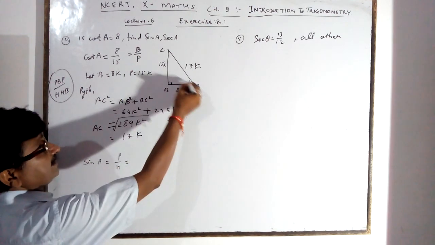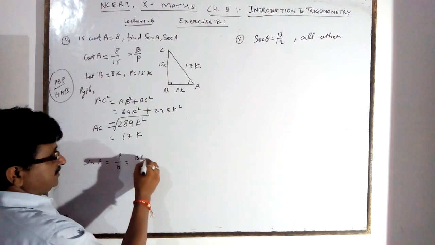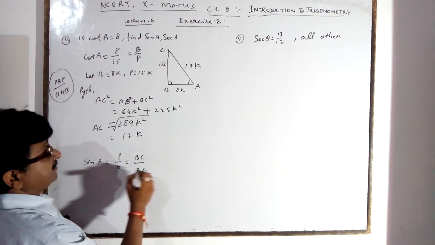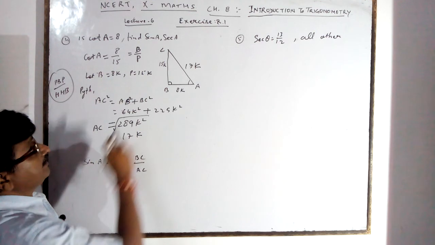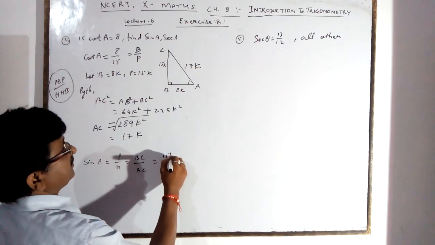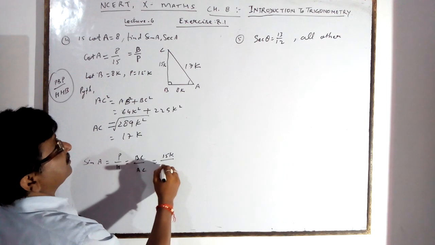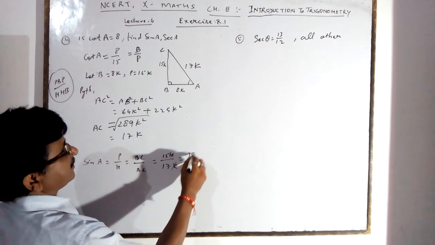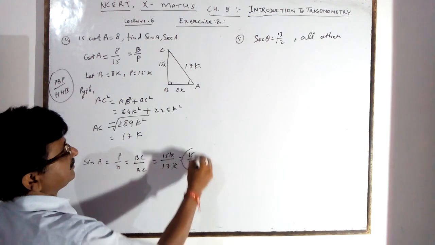For this angle in the figure, the perpendicular is BC and the hypotenuse is AC. Sin A is perpendicular upon hypotenuse, BC 15k upon 17k. K and K cancel, so you get 15 upon 17.